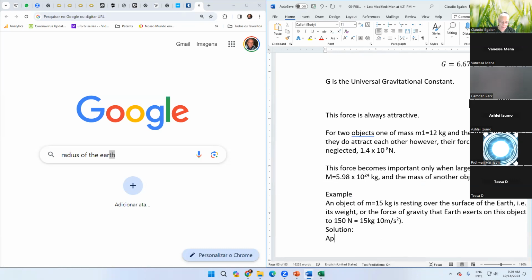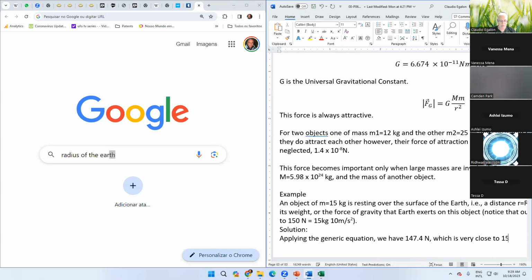Solution, applying the generic equation, we have 147.4 newtons, okay? Which is very close to 150 newtons.